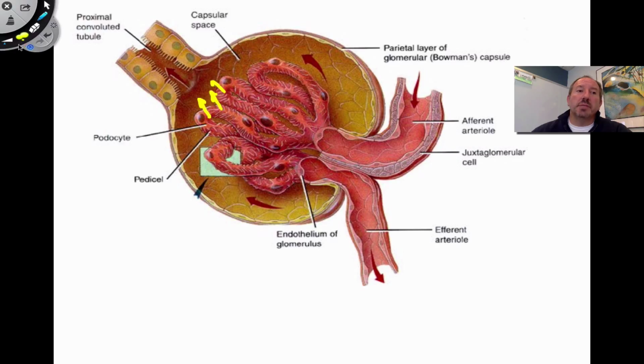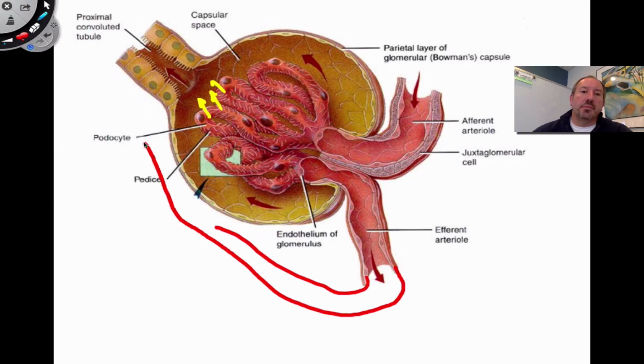And then ultimately, let me add something. I'll make the efferent arteriole become a capillary, a peritubular capillary. What we want is to get some of this filtrate to cross here and then enter back into the bloodstream.